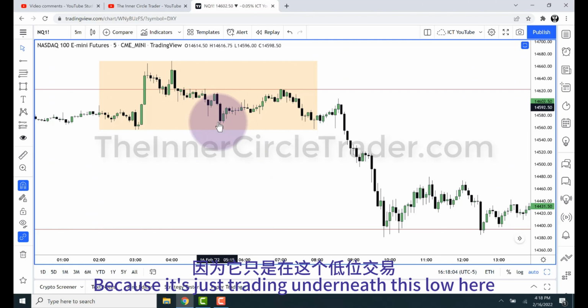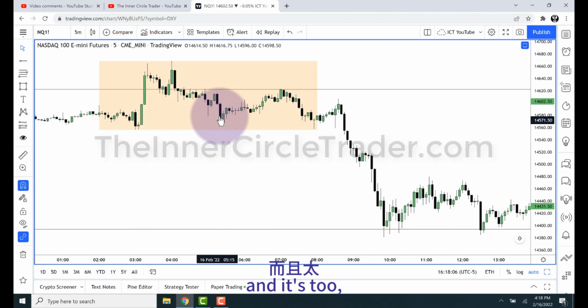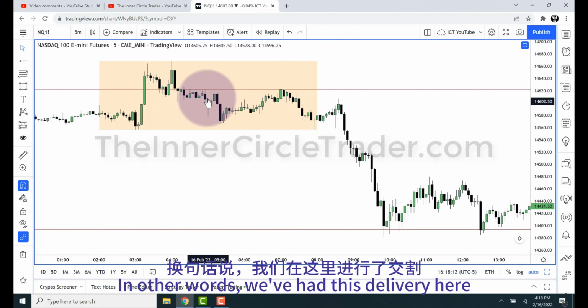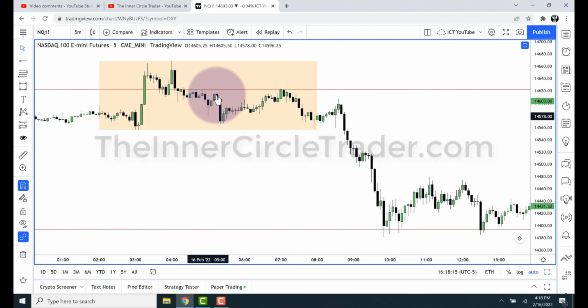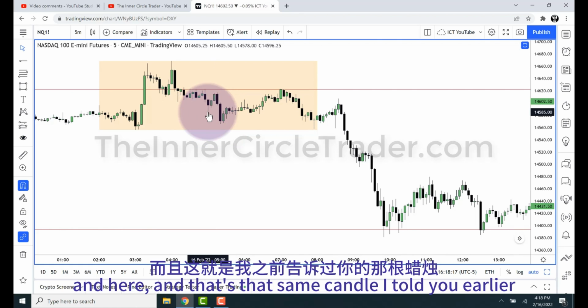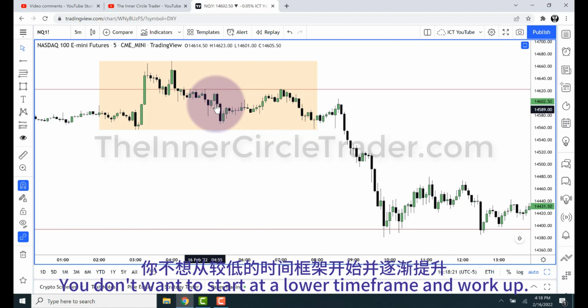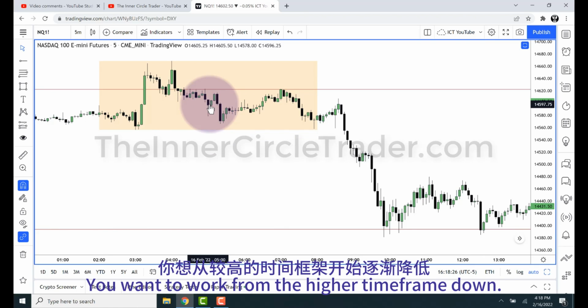Because it's just trading underneath this low here, and it's too close to this low. In other words, we've had this delivery here and here, and that's that same candle I told you earlier on the 15-minute time frame. So it cancels this. You don't want to start at a lower time frame and work up. You want to work from the higher time frame down.